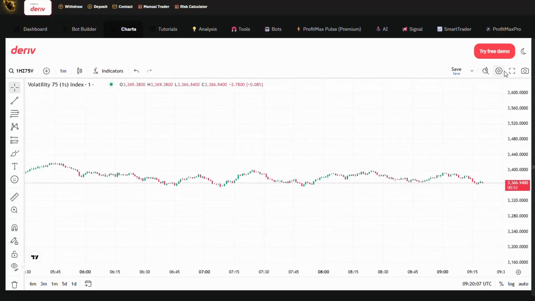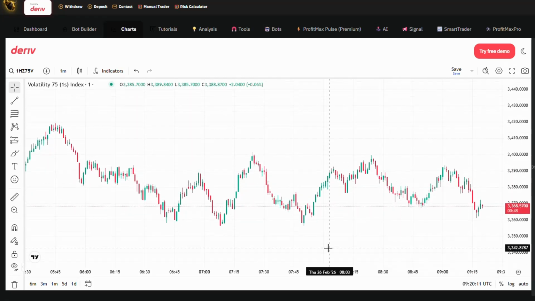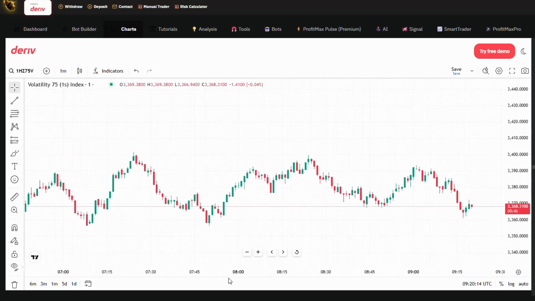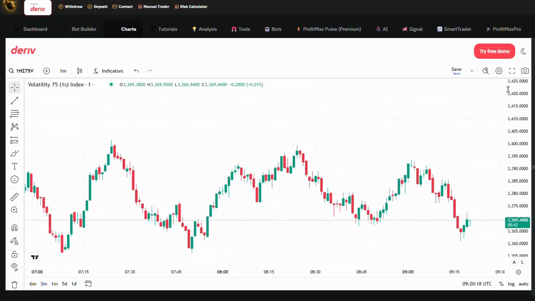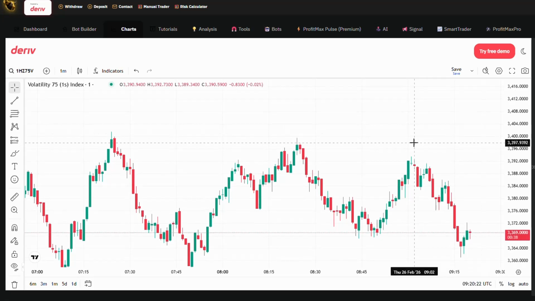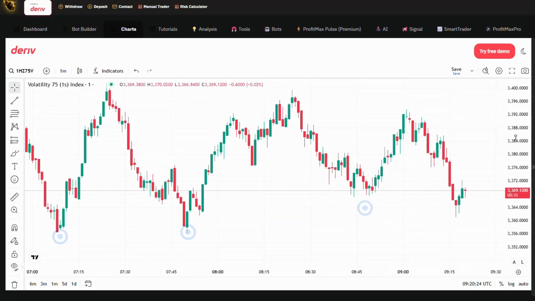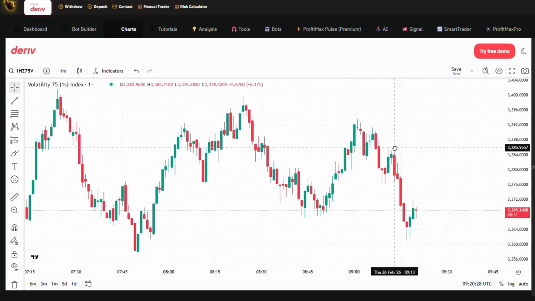And then restructure the chart properly so that you can see the candlesticks and the structure. There already I can see 3 points whereby there is resistance. You can see, yes, the market is on a sideways movement.